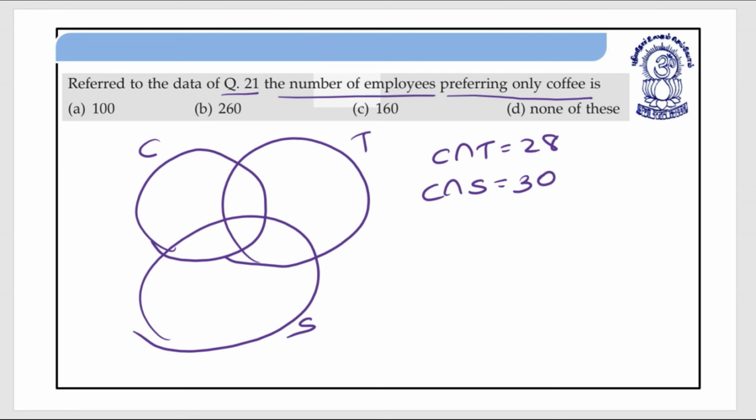So here this one is C intersect T intersect S. That is 12, 18, 10. 10 plus 18 is equal to 28. Here 12 plus 18 is equal to 30.